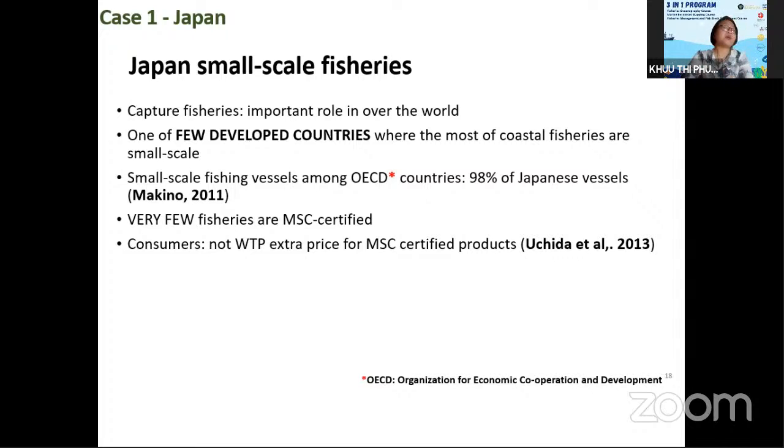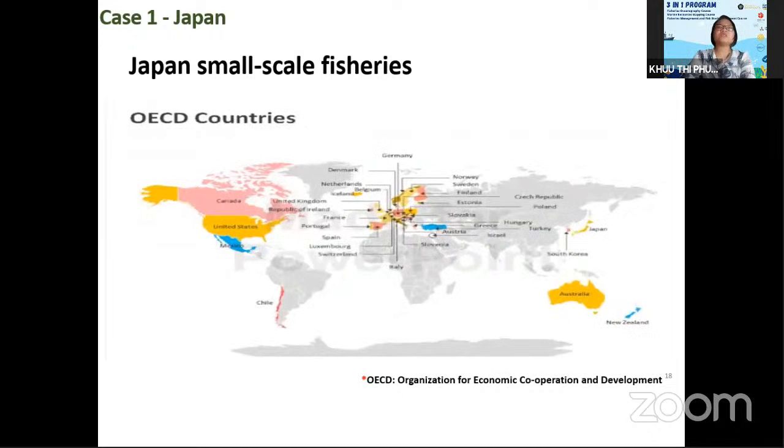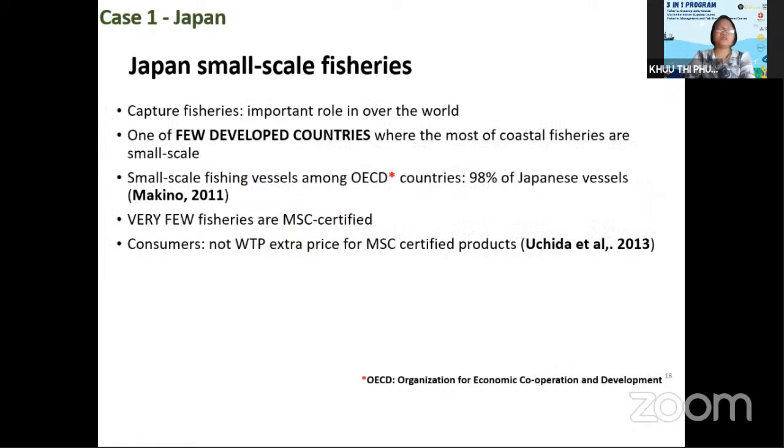This is the background. Consumers are actually not willing to pay an extra price for MSC certified products. I will show you the reason why later. Here are the OECD countries, and you can see that about 98% of the small scale fishing vessels are from Japan.